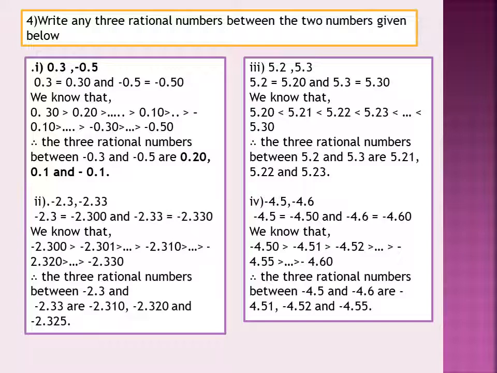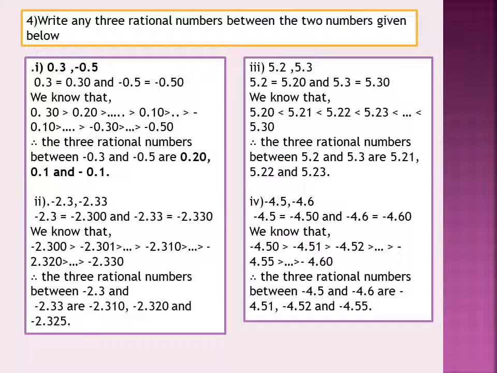Then from 300 to 330 there are any 30 numbers you will get, but we want any 3 numbers there. Therefore we written there minus 2.300 is greater than minus 2.301 is greater than minus 2.310 is greater than minus 2.320 is greater than minus 2.330.